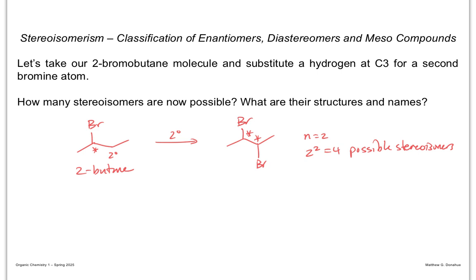There's a subtlety involved. Even though the rule says 2 to the n gives you the maximum, based on the compound, you do not necessarily have to have that maximum. And so we have to look at each of those 4 and determine what's going on.